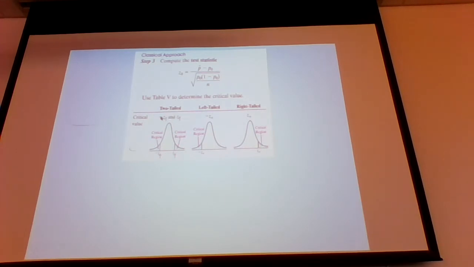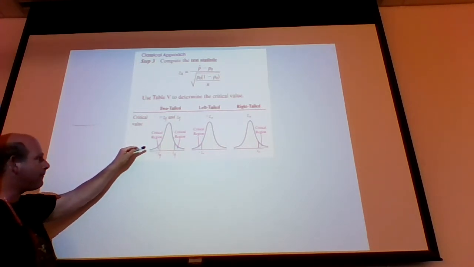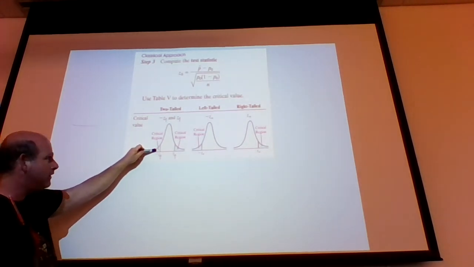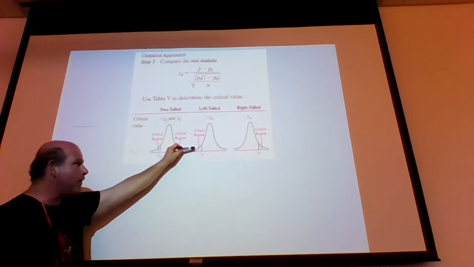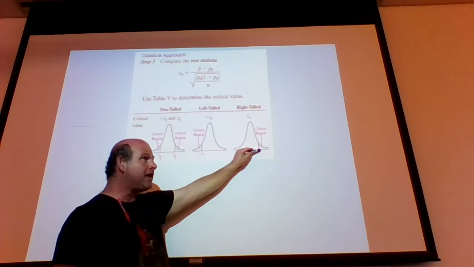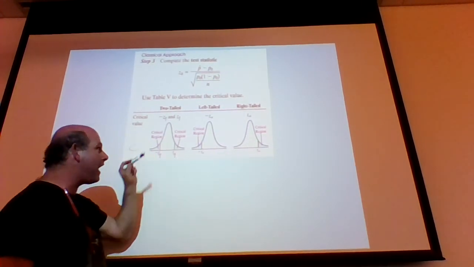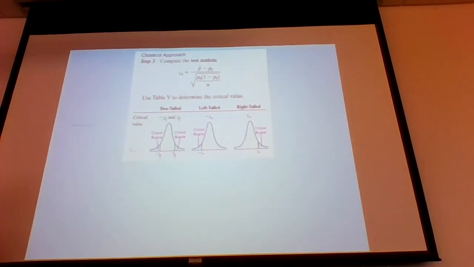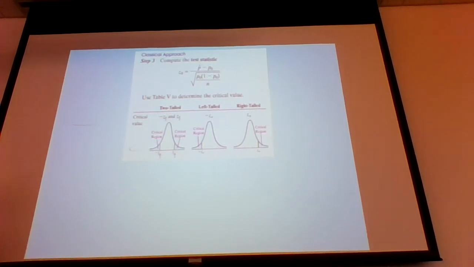Or if you have two-tailed, you take alpha and divide by what? 2. And these little blue regions are called critical regions. That's where you reject the null hypothesis, if your z-value is here, or here. If it's in any of the non-blue areas, you don't reject. And that's the idea. Does that make sense?